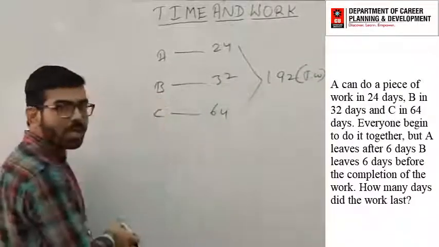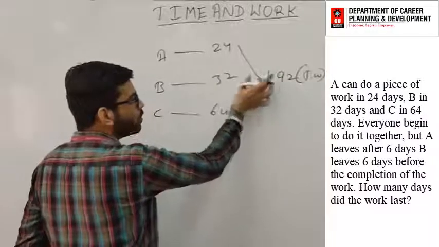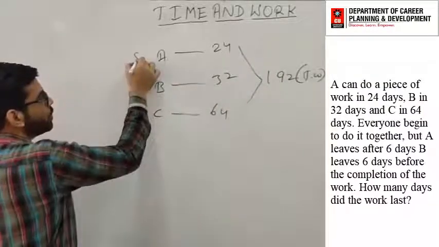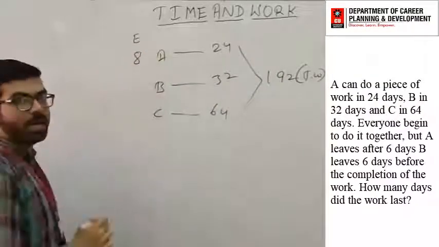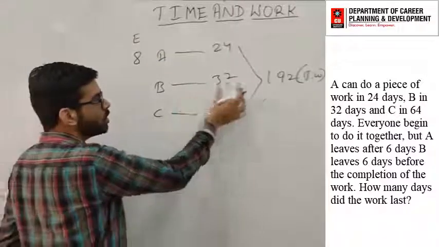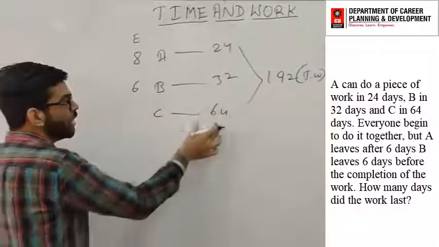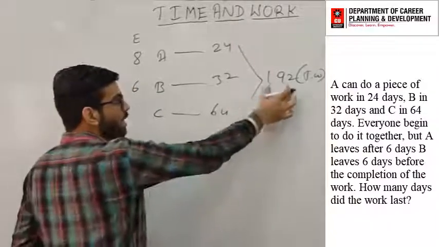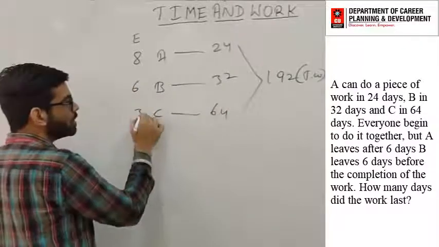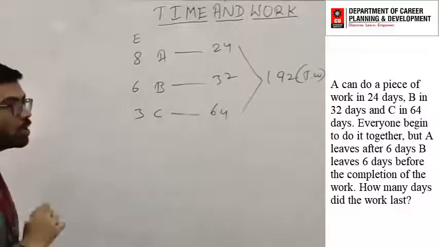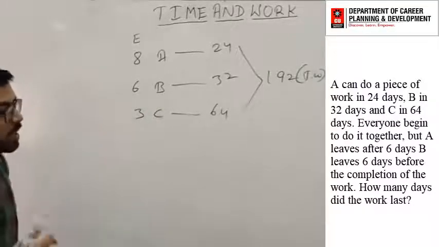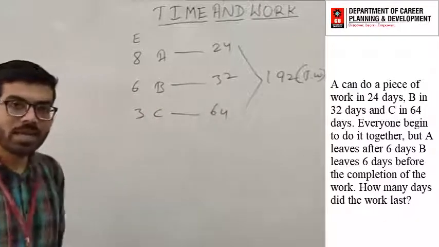So the efficiency of A comes out to be 192 divided by 24, which is 8. The efficiency of B comes out to be 192 divided by 32, which is 6. The efficiency of C comes out to be 192 divided by 64, which is 3. Now, as per the question, A leaves after 6 days.